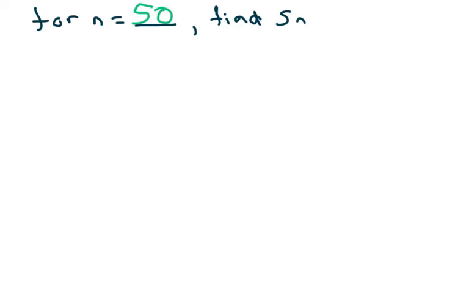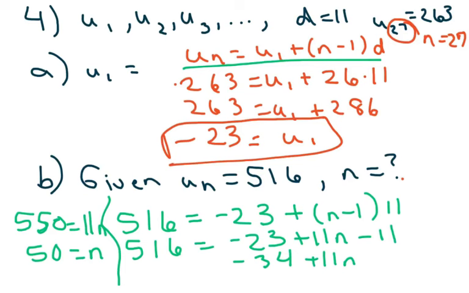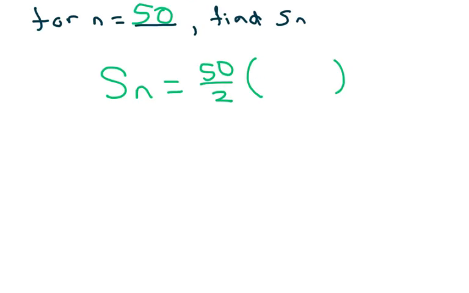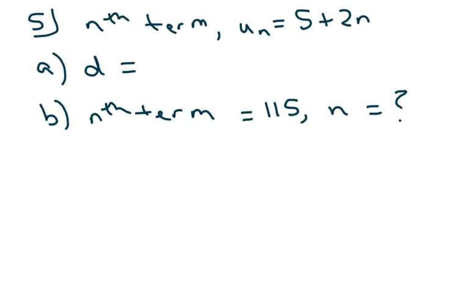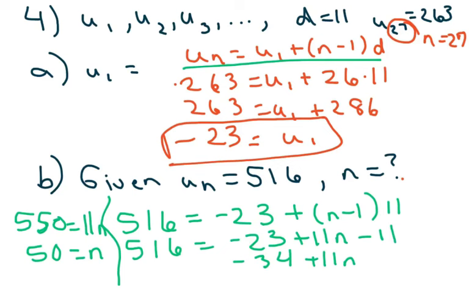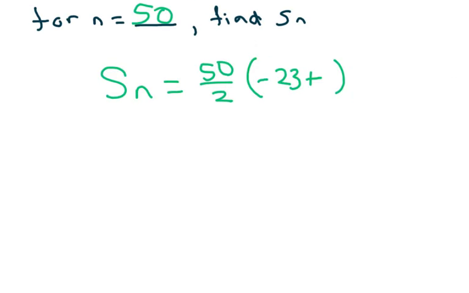Now we have to find S of n. So S of n equals 50 over 2 times your first term, which was negative 23, and your last term, which was 516.